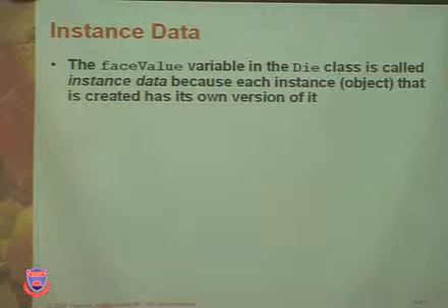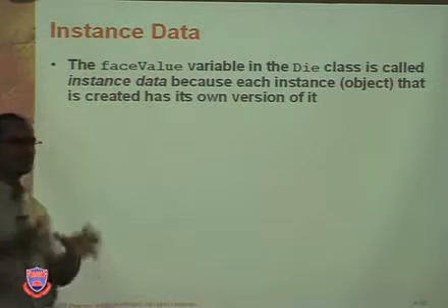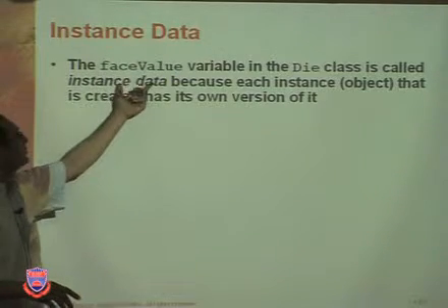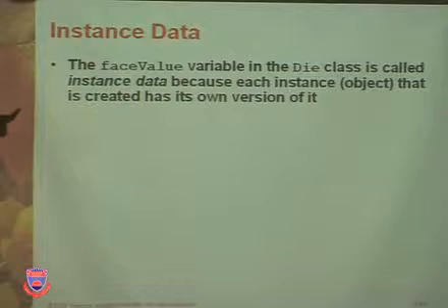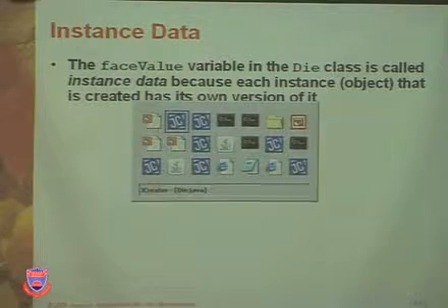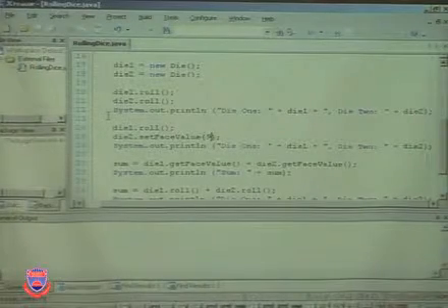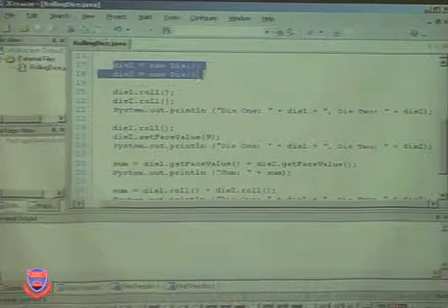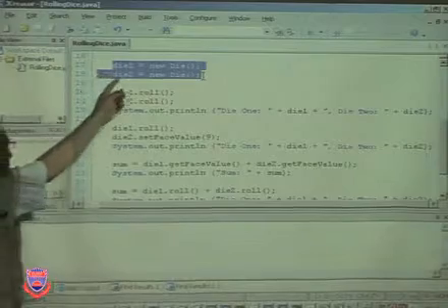An instance data, again, is data that is associated with each object, which in this case is the face value. So if you go back to the Die class and how we created die1 and die2, we created two objects, die1 and die2.